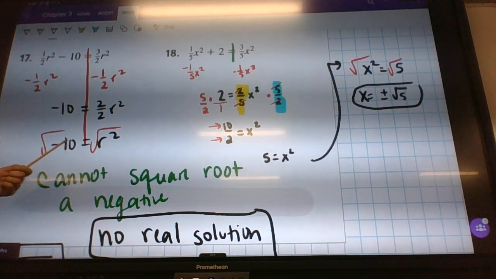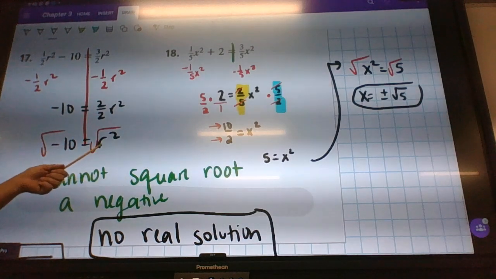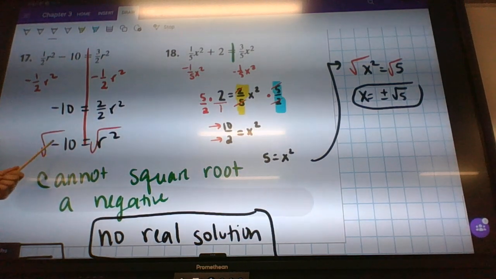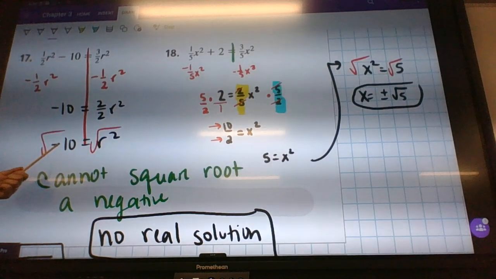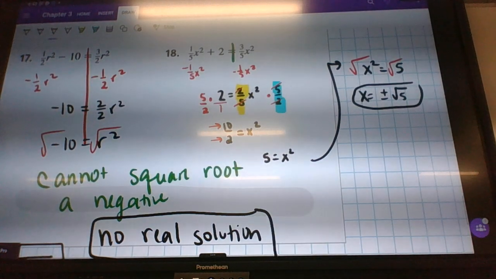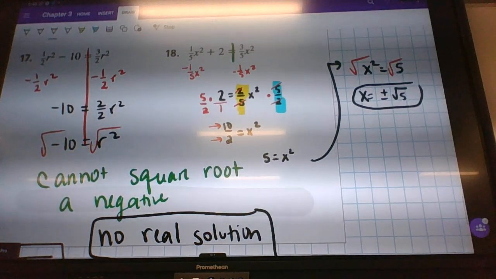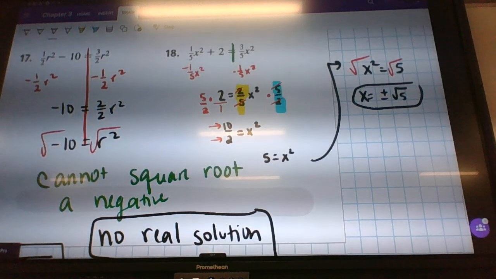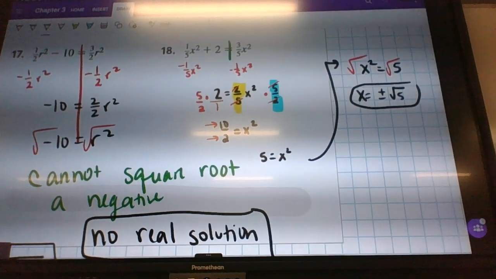As soon as you have the chance to square root, because your variable is isolated, but it happens to be equal to a negative, for now we're just going to call that no real solution, because nothing squared comes out negative. So that one has a special answer.